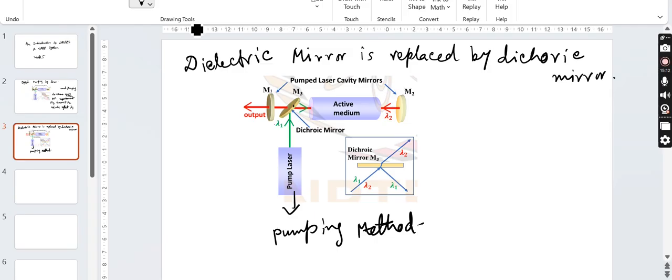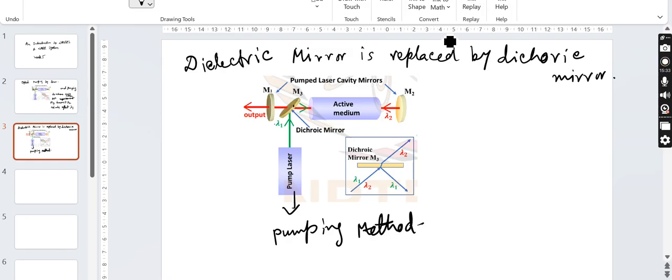So the dichroic mirror allows light at the wavelength lambda 2 into the cavity, leading to the concept of lasing. Thus, we see the operation.